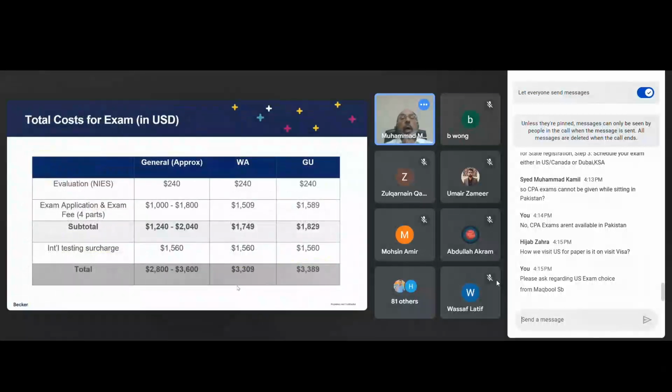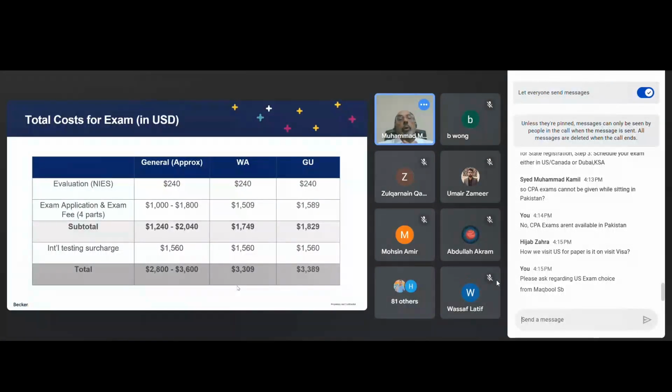And now let's come to the cost. This is the cost in US dollars which you have to pay to various states and the testing authorities, with nothing included as far as the study package is concerned.